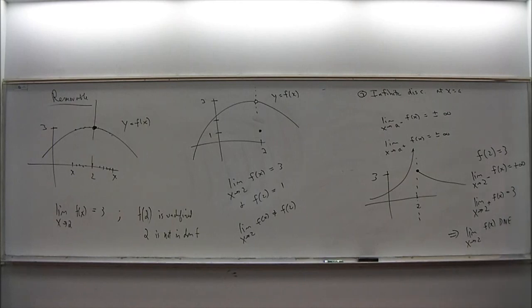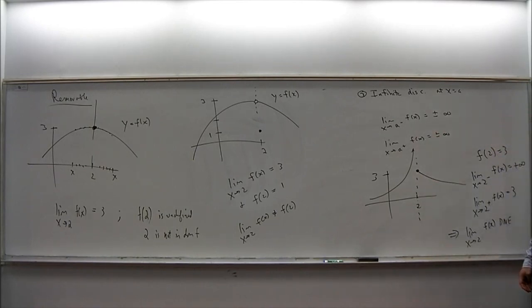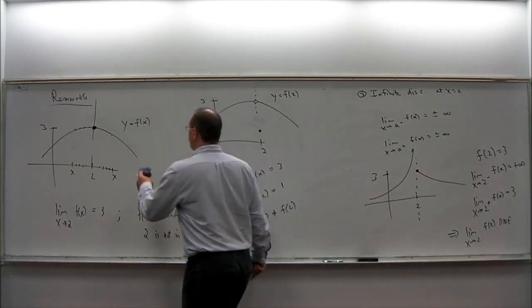But rather than saying that we have a jump discontinuity here, since one of the one-sided limits was infinite, we call this an infinite discontinuity. It's kind of like an infinite jump. And it indicates the presence of a vertical asymptote. So that's an infinite discontinuity.